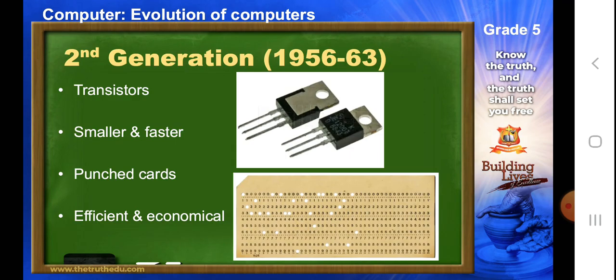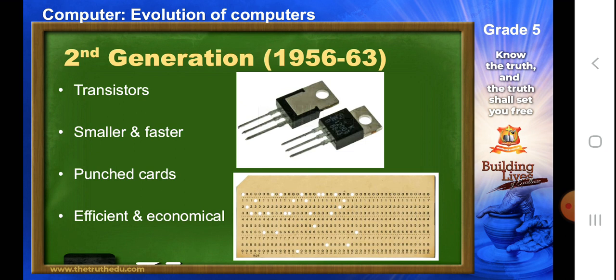Next was the second generation computer. There were a few changes made in terms of technology. Now they started using transistors. They were a little smaller than the first generation and faster. They were cheaper and efficient when compared to first generation computers. Obviously, when the size of the computer reduces, the weight of the computer reduces, and the cost also reduces at the same point of time.